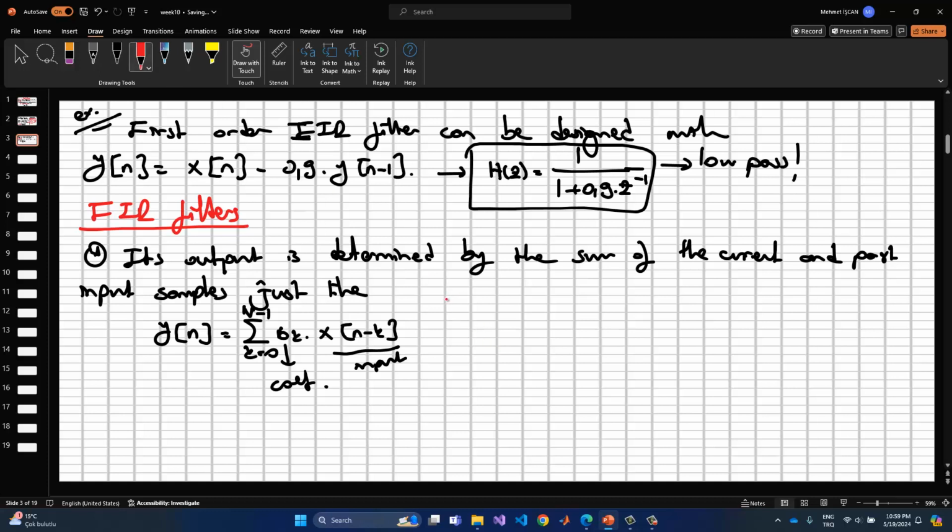In the Z domain, H(z) equals the sum for k equals 0 to N minus 1 of b_k times z to the power of minus k.